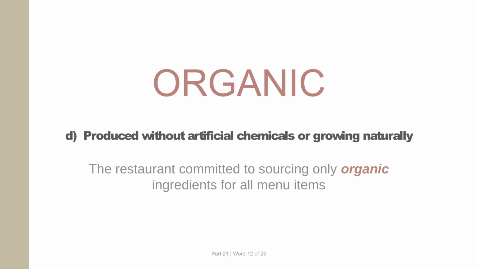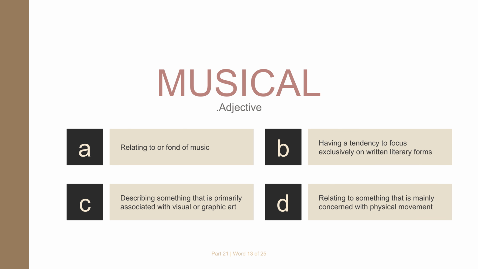Question 13. What is the meaning of musical? Option A. Relating to or fond of music. Option B. Having a tendency to focus exclusively on written literary forms. Option C. Describing something that is primarily associated with visual or graphic art.